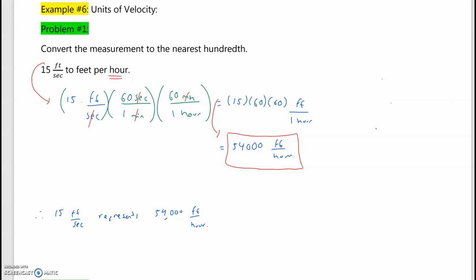And that's it for this one. In this particular situation, we only required 1 unit to be changed, which was the seconds to hours.